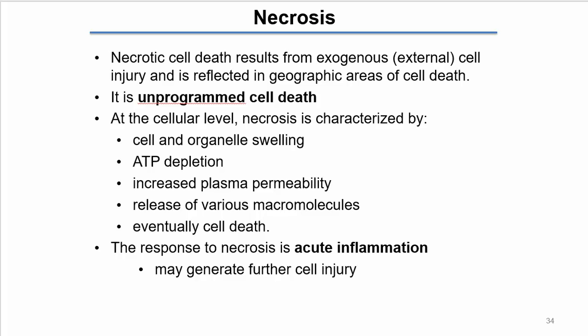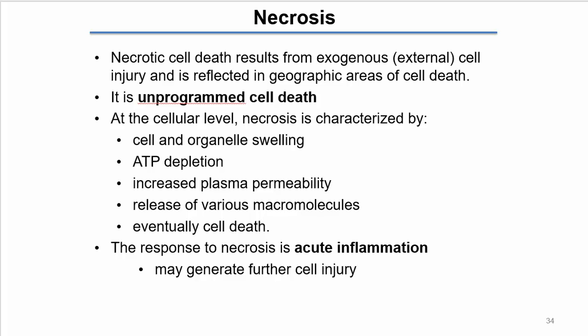ATP will become depleted because the mitochondria aren't working properly. The plasma membrane will be stretched and become increased in permeability. The cell will die, and as the cell dies, it kind of bursts, and the contents of the cell end up in the interstitium, and this results in inflammation.